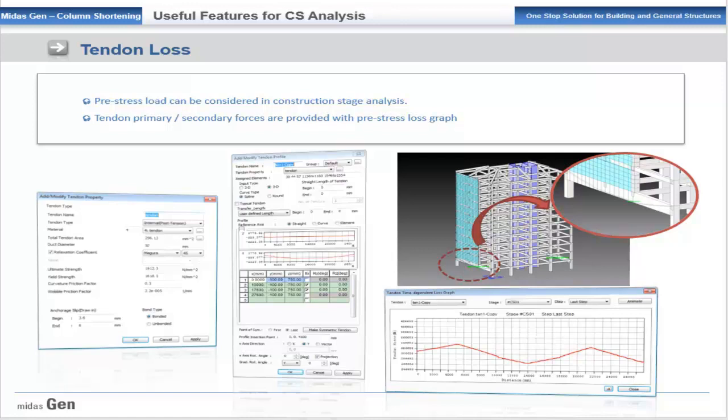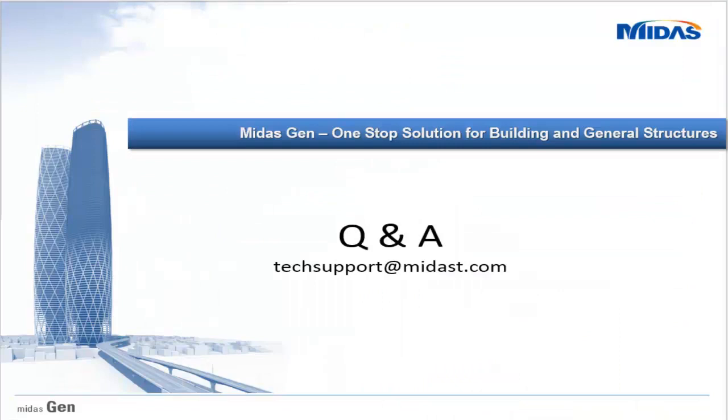Now I'll go to the question and answer part. There are some questions here. One of the questions is: is the analysis speed fast for high-rise buildings, and how long does it usually take?